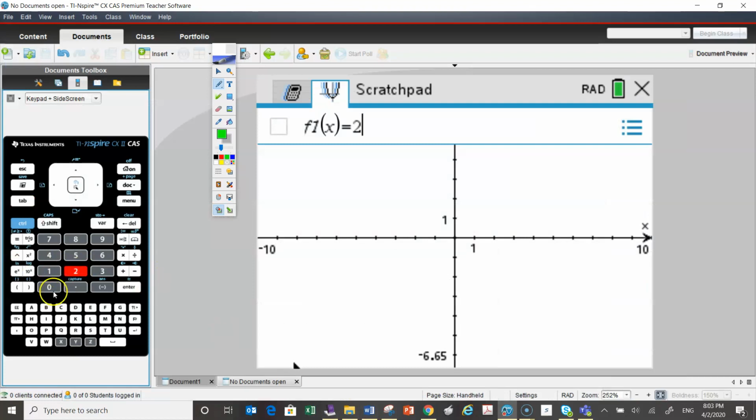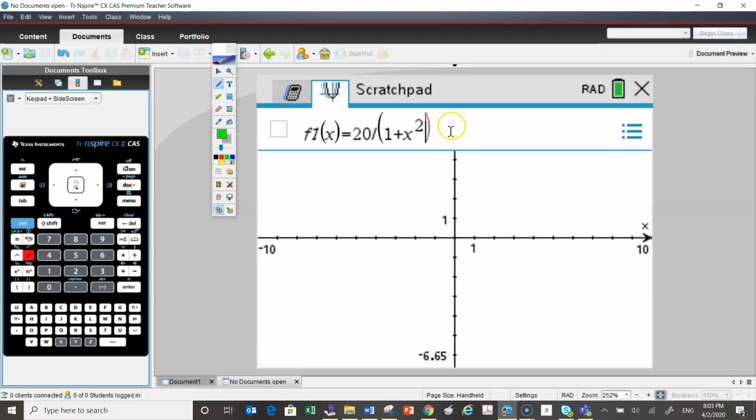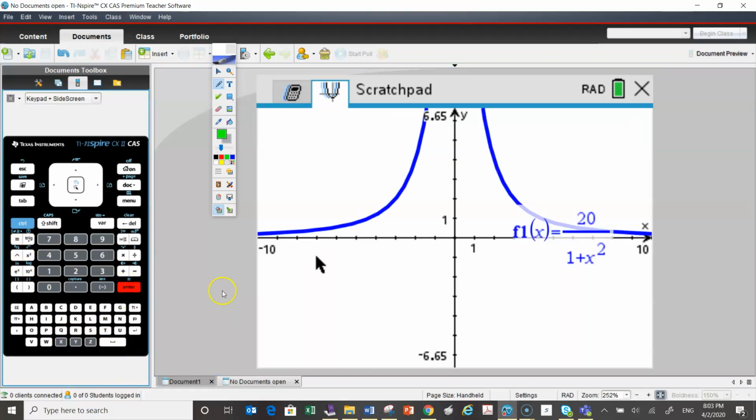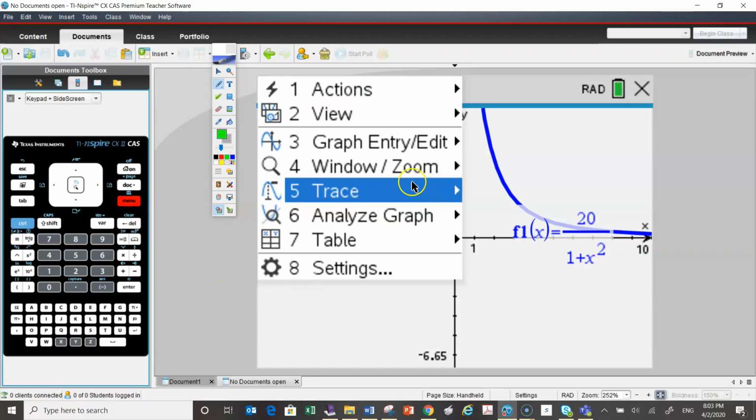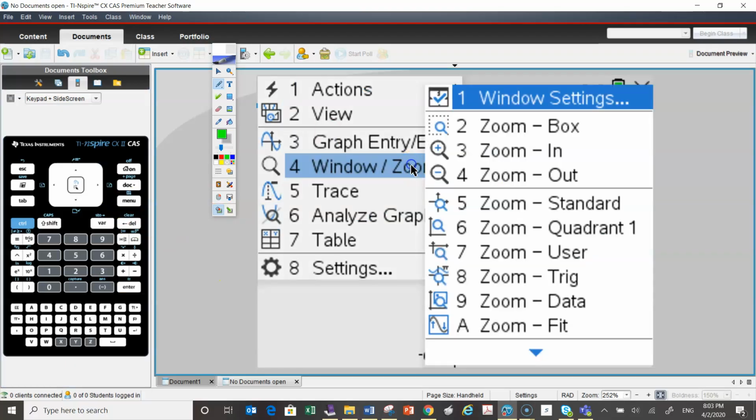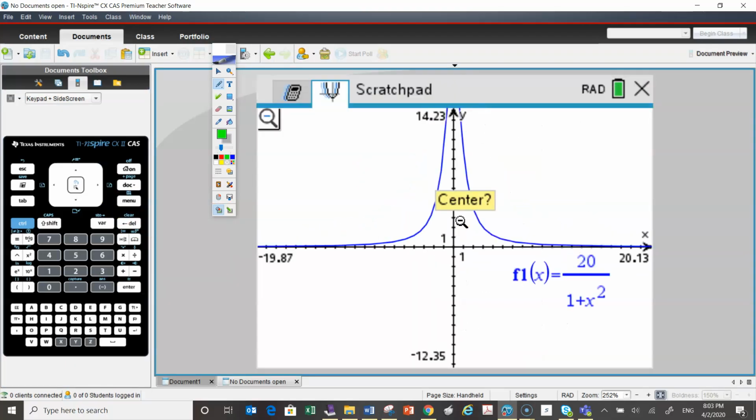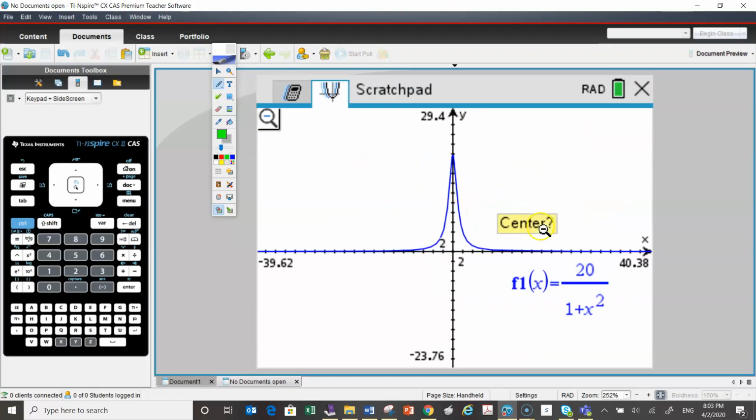So 20 divided by, in brackets, 1 plus x all squared. And if I graph this, there's my region right there. Now, I don't see the whole graph, so I need to zoom out a little bit. And there's my graph right there.